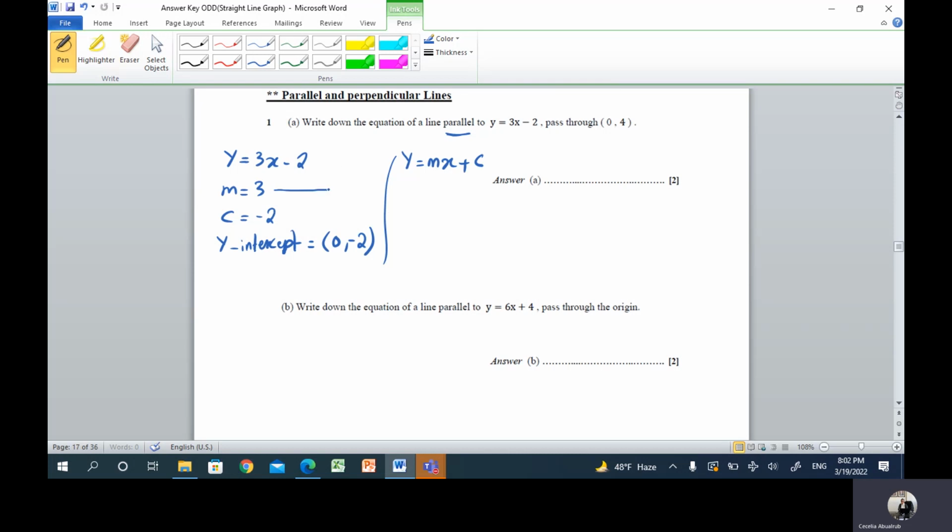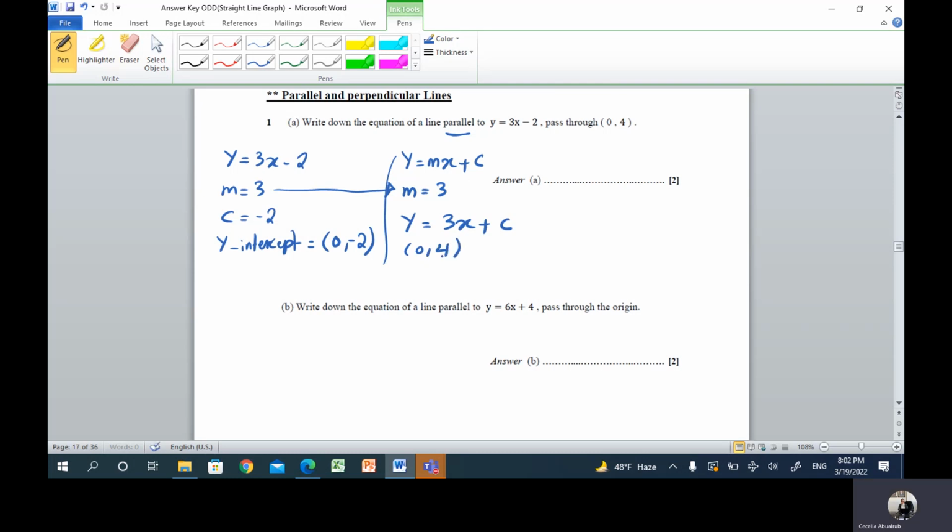Parallel lines have the exact same gradient. Accordingly, m for this line is 3. So we know half of the equation now. It's 3x plus c. Now we can use this point, which is 0, 4, to find c.